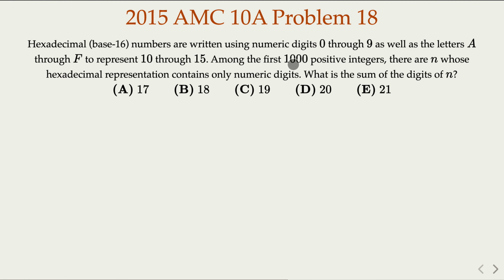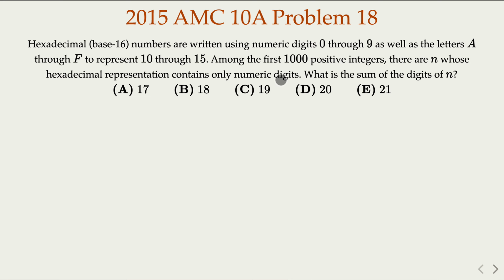So among the first 1000 positive integers, there are n whose hexadecimal representation contains only numerical digits. In other words, we are interested in all the numbers in hex, or base 16, that only have digits 0 to 9. They do not have A to F.